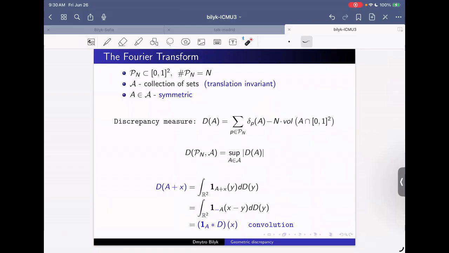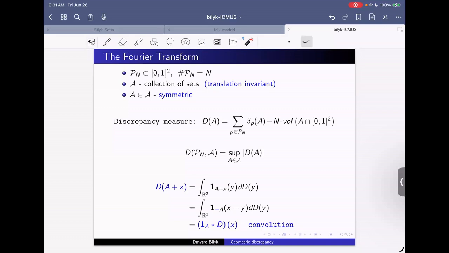Okay, so let's start with a slightly more general setting. So we have a set of n points in the unit square. We consider some collection of sets, and let's assume that these sets are symmetric. Well, we'll assume that the family is translation invariant.